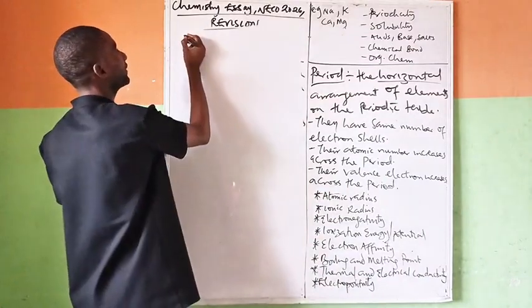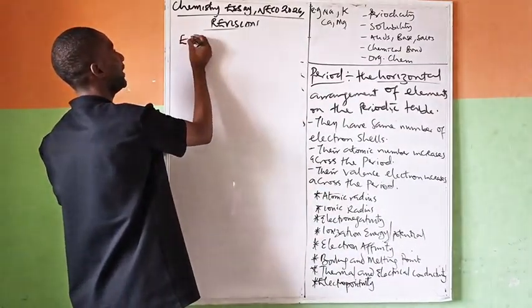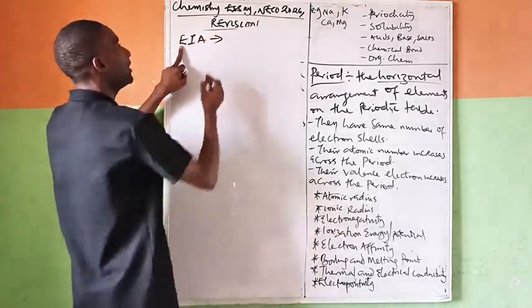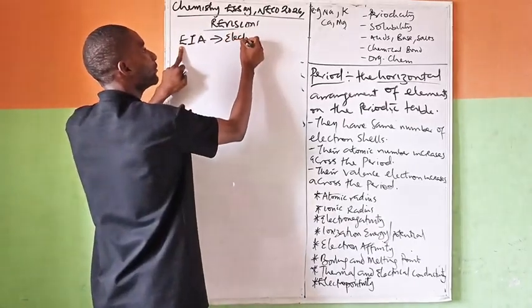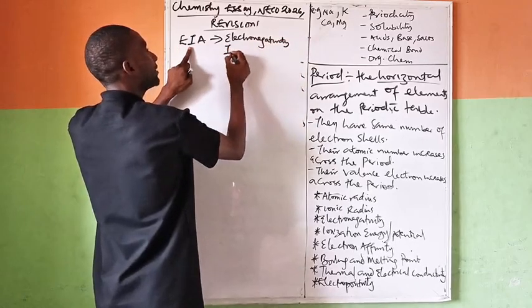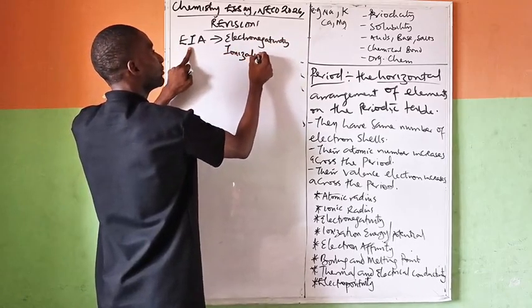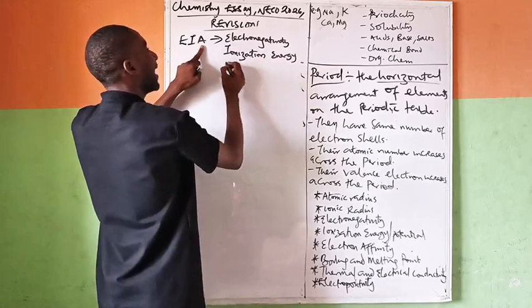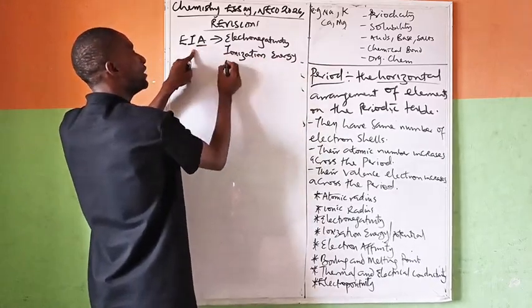So the first one is EIA. What is EIA? EIA means electronegativity, ionization energy or ionization potential, then electron affinity.